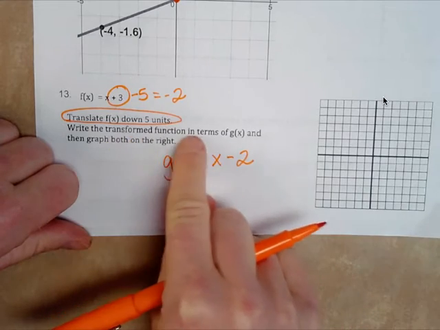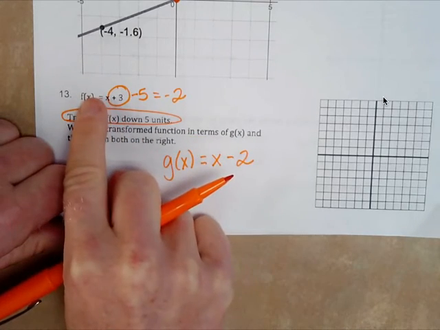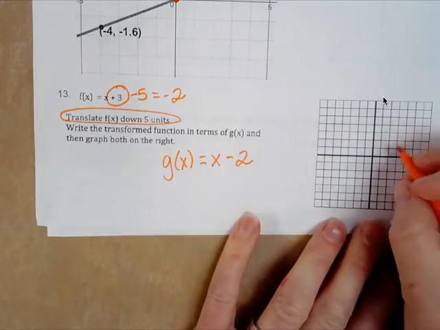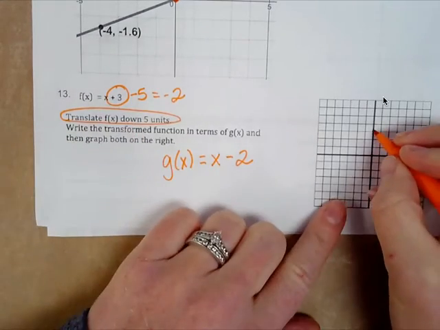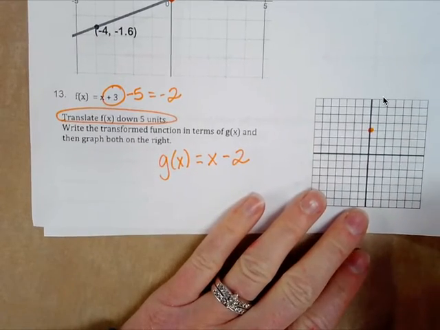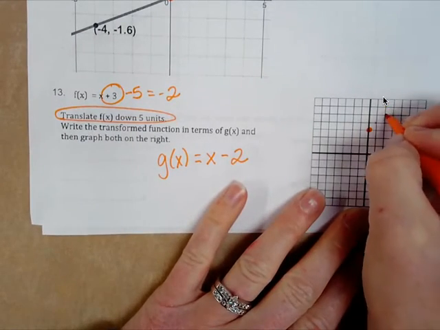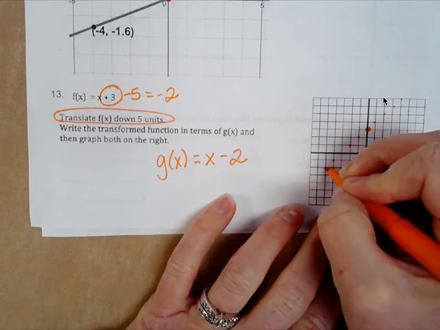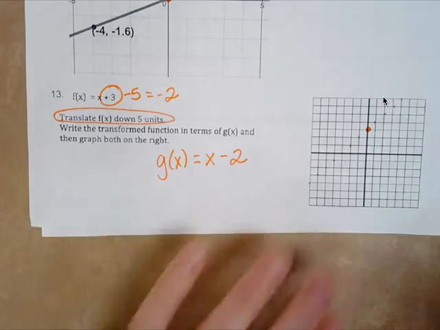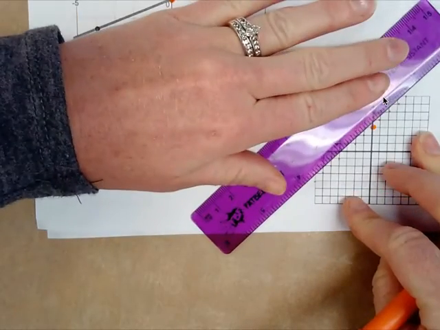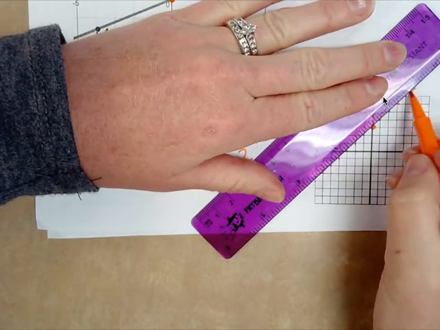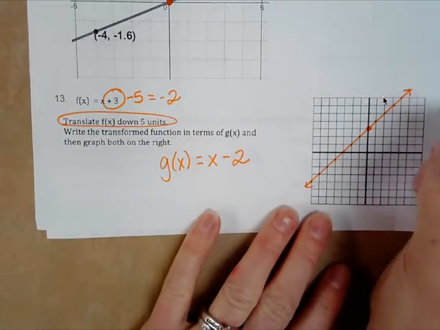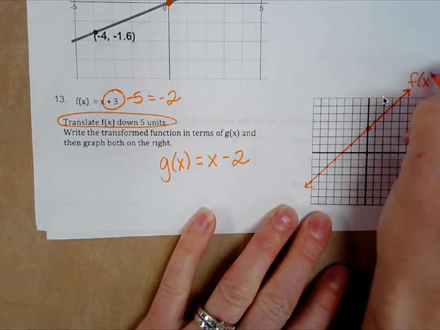And it does tell you to graph both of them. So you're going to graph this f of x and g of x. So f of x starts at 3 and has a slope of 1. So up 1 over 1, down 1, left 1. So that is the f of x, the function that they've given us.